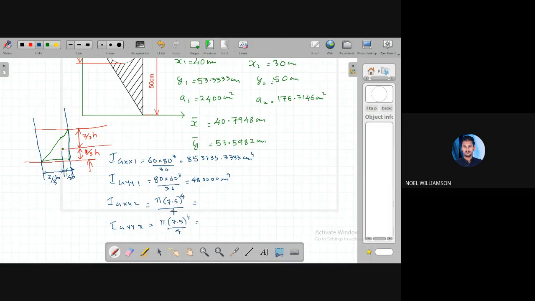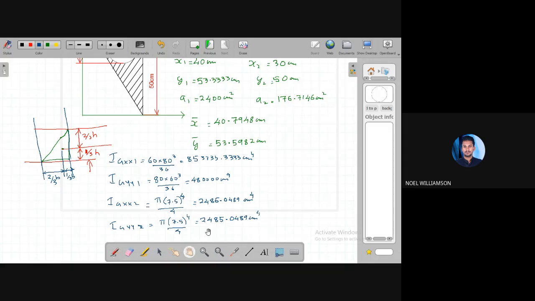And so you will get the value 2485.0489. Here also 2485.0489 centimeter raised to 4.